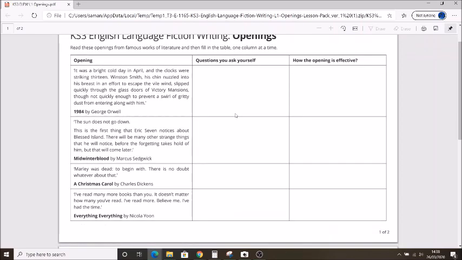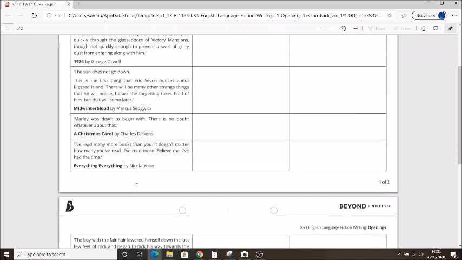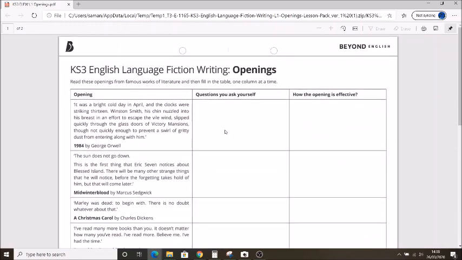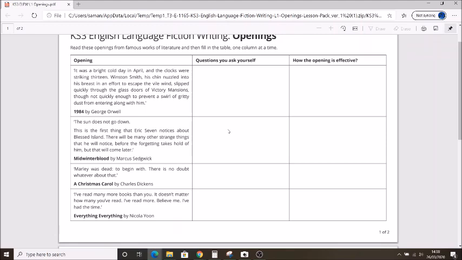What we've got here are 1, 2, 3, 4, 5, 6, 7 story openings. So these are genuine pieces of fiction. Some of them well known, some of them less well known, and they are the early stages of each of these books.